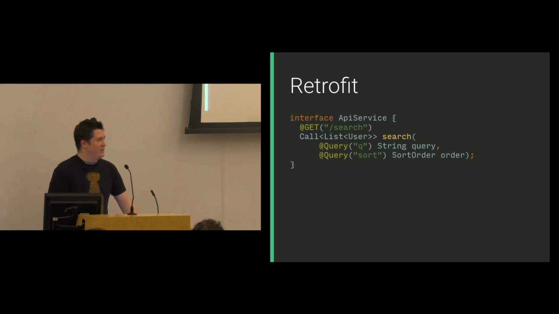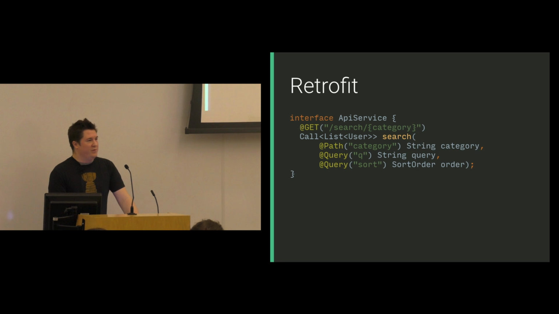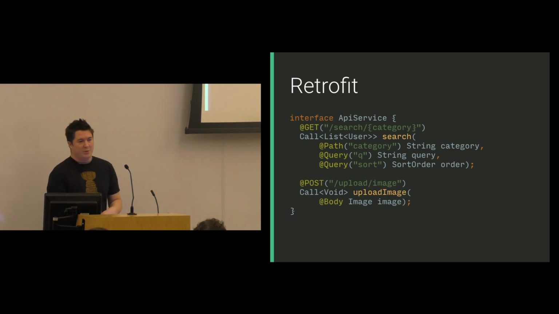There's all kinds of other stuff that you can do in these interfaces. So if you want to replace part of the path, you can add a parameter with an annotation, and then it has a simple replacement that it does. You can do posts. So if we want to upload an image, here you see we have a Body annotation, and the annotation on the method changed to POST.